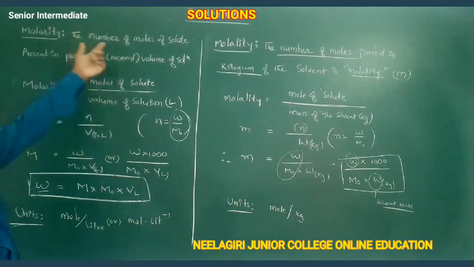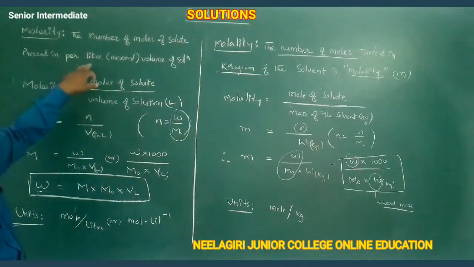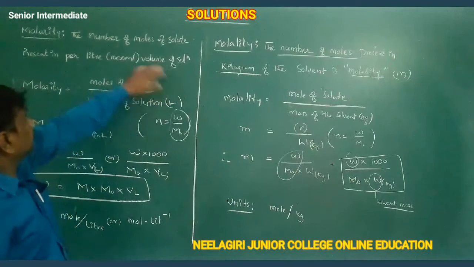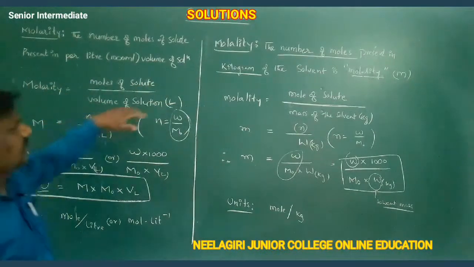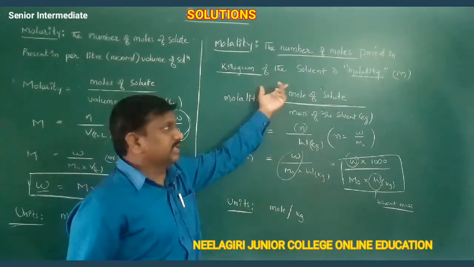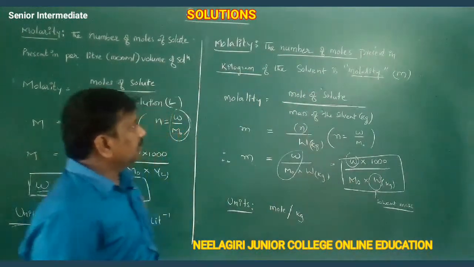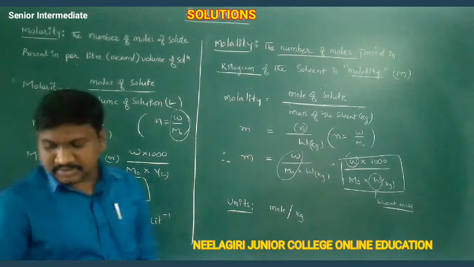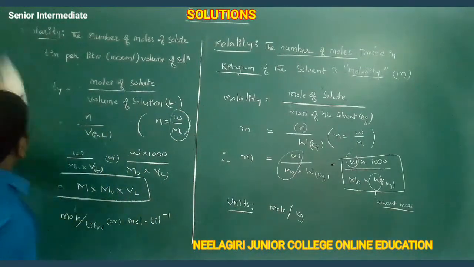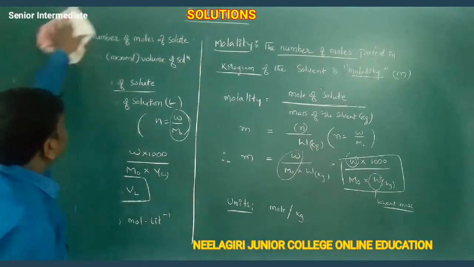The number of moles of solute present in per liter volume of the solution is called molarity. The number of moles present in kilogram of the solvent is called molality. Okay, it's clear. Next, let us take one problem to better understand.